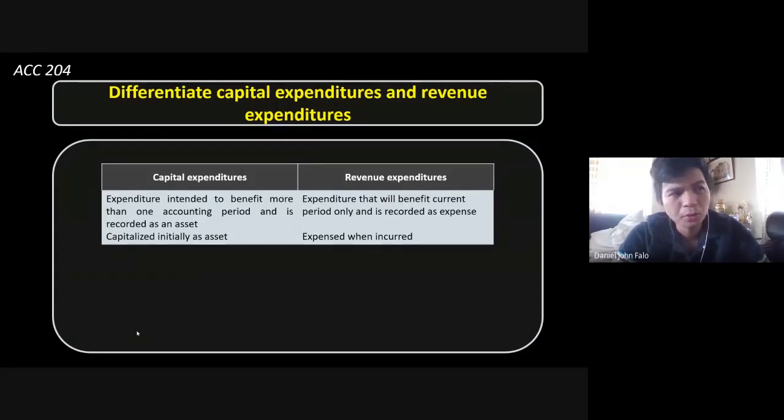Malaking epekto pag yung cost ng isang acquisition or expenditure ay nirecognize natin initially as asset compared doon sa i-expense mo siya. Siyempre, it would overstate the expense if it would be recognized immediately as expense kung dapat siya naman ay asset.